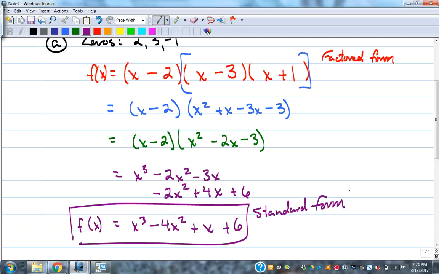That's called standard form. You multiply it out to normal polynomial-looking stuff. Not rocket science. Just one step at a time. Plenty of places to make mistakes, but don't overthink it.